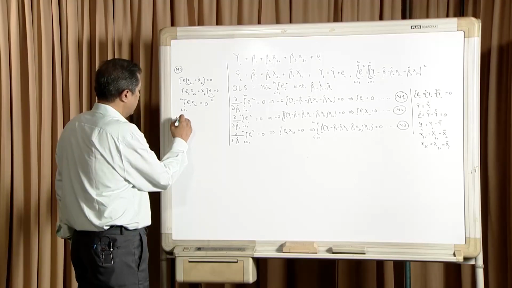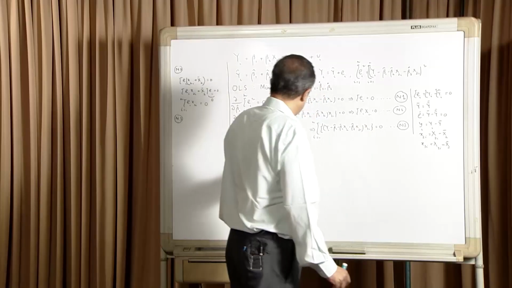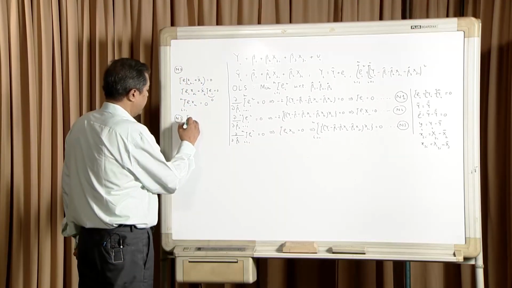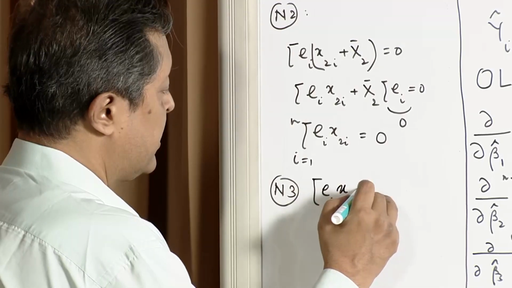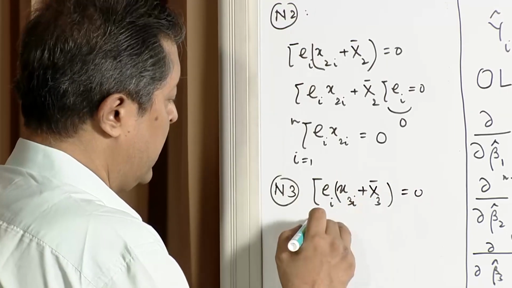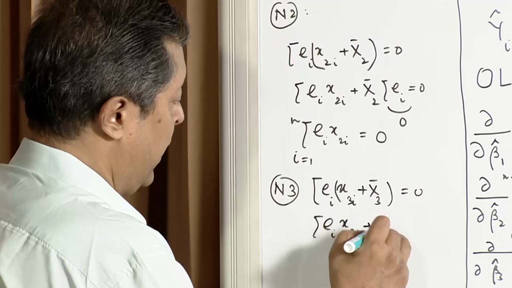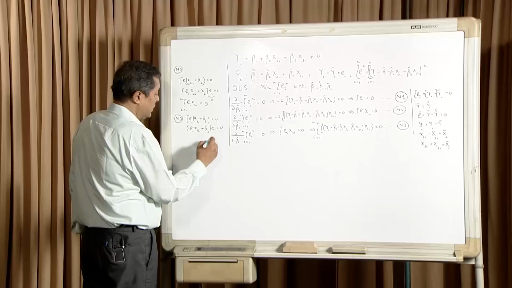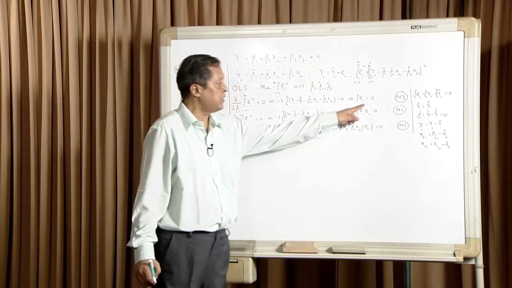Similarly, if we look at the third normal equation, which is summation e_i capital X_3i equal to 0, then we can write it as summation e_i times small x_3i plus x_3 bar is equal to 0, which gives us summation e_i small x_3i plus x_3 bar summation e_i is equal to 0, where the second term is already equal to 0 by the first normal equation.